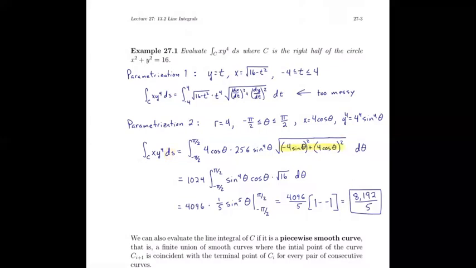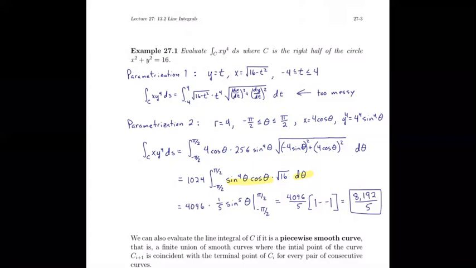This radical simplifies to the square root of 16, which is 4. These constants multiply to 1024, so they're out front, and we're left with sine to the fourth theta cosine theta d theta. This is a nice u substitution. U equals sine theta, du equals cosine theta d theta.